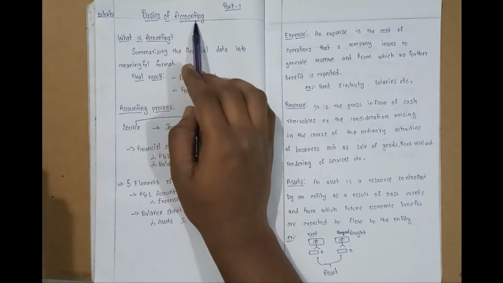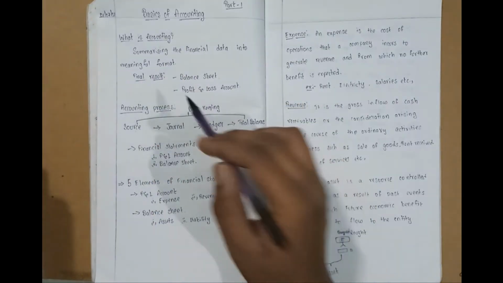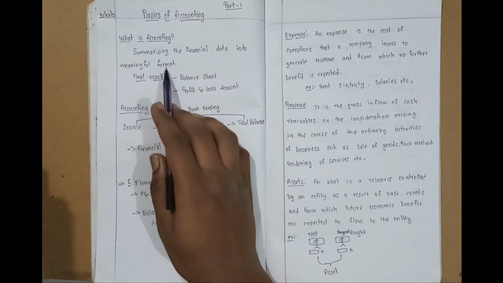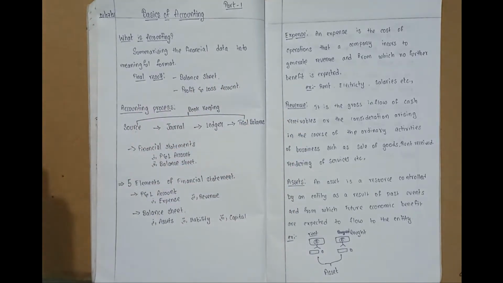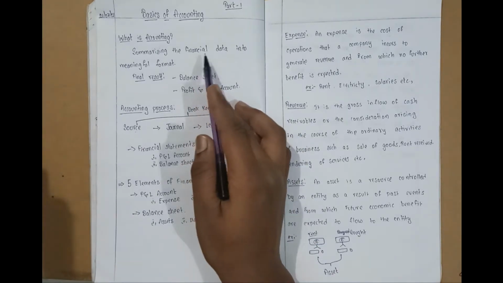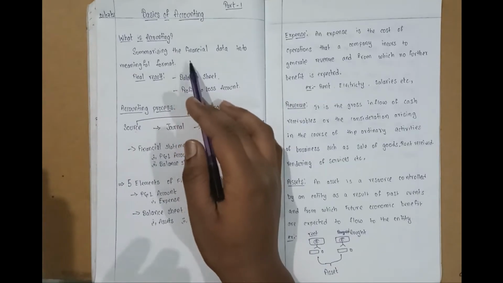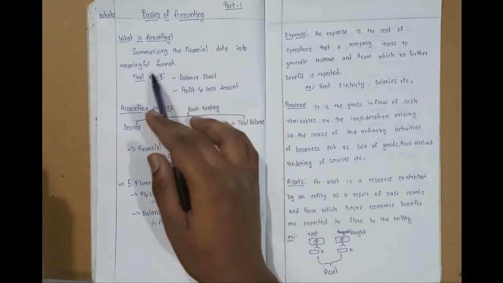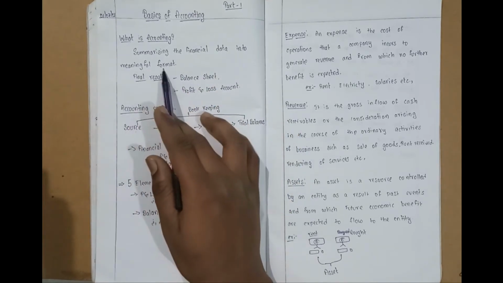Basics of accounting. What is accounting? Summarizing the financial data into a meaningful format. In a company, n number of transactions will happen in a day. So the financial data, the transactions between the company and the outside person, will be converted into a meaningful format.